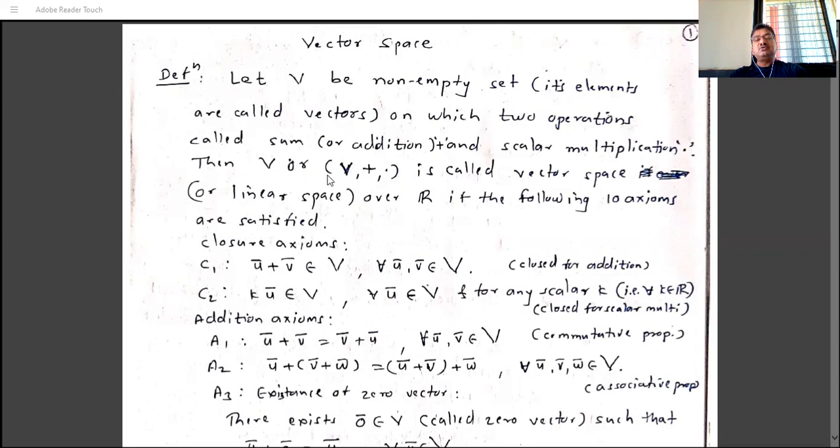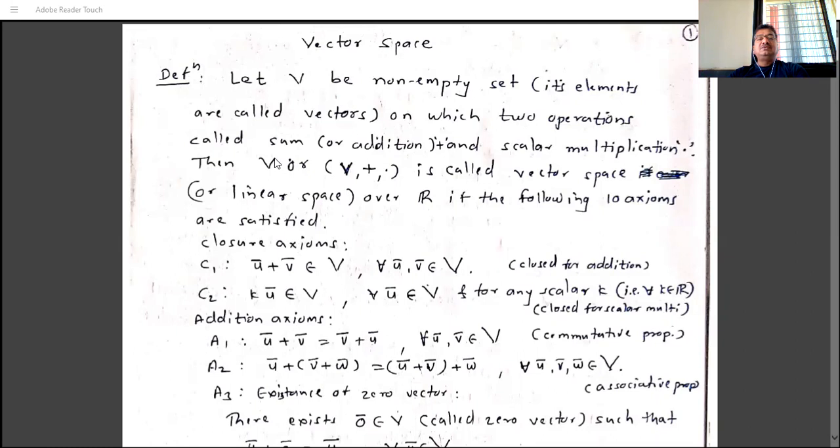Then V with these two operations, we write V, plus, dot, meaning addition, scalar multiplication and V, all these three together, is called a vector space or linear space. Vector space is also called linear space.